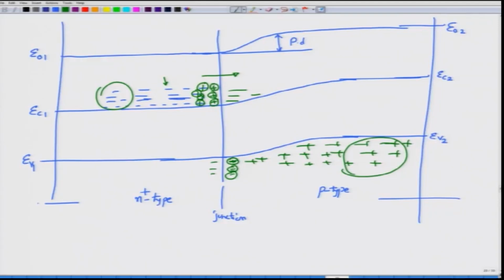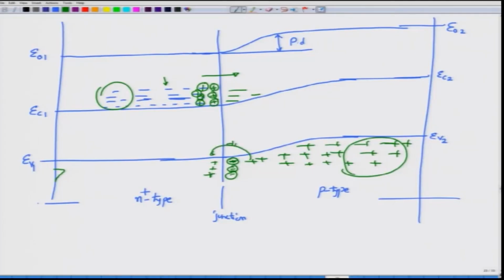If you look at the concentration of the holes, you would find that in the p type region the hole concentration is non-zero, and this is because some holes have moved into the region because of diffusion.